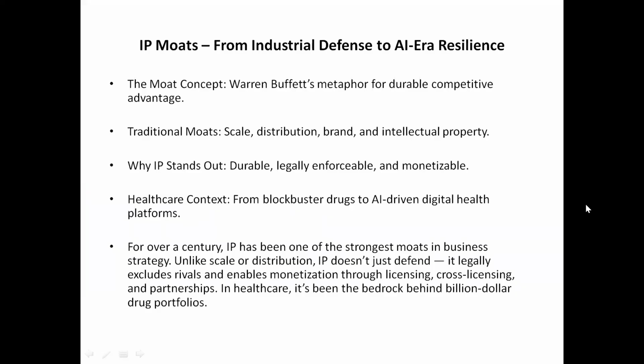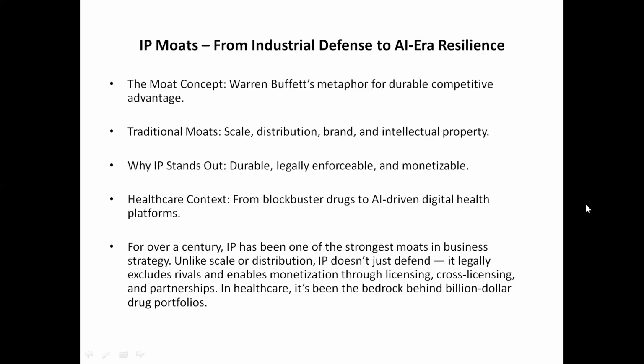A moat means a durable competitive advantage tool. So a traditional moat is scale, distribution, brand, and intellectual property, and many types of things that bring a durable competitive advantage. Particularly, IP is one of the keys to bring a moat. So IP is a durable, legally enforceable, and monetizable moat.